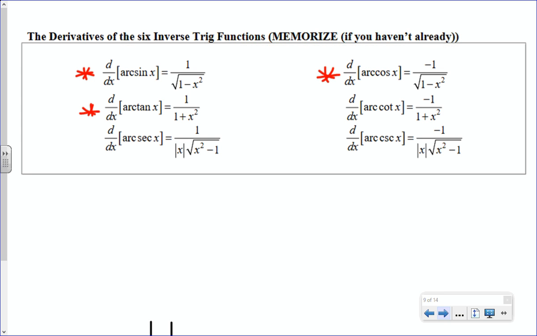The 3 that I'm putting stars by are the 3 I want you to be able to use without looking at your notes. Okay.